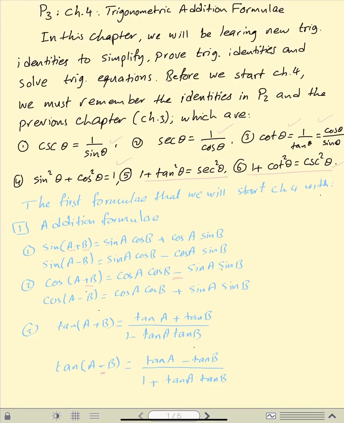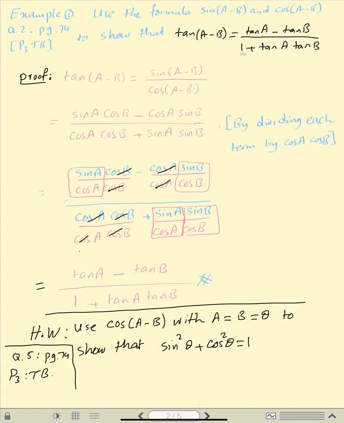You take your time reading them, but you will understand them by practicing, as we'll be seeing in the examples now. Of course, it's a part of the syllabus in Pure 3. We might be asked to prove one of these identities using the old identities, like I did in example number 1.